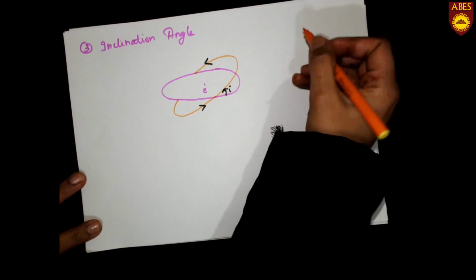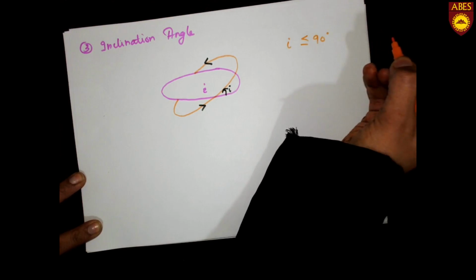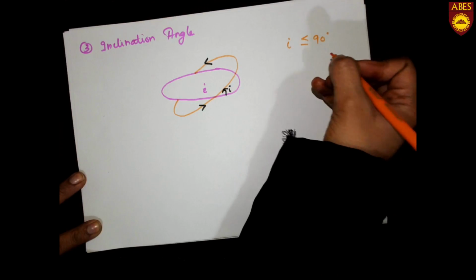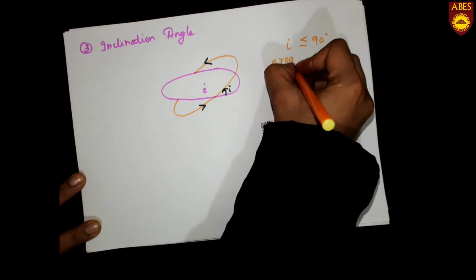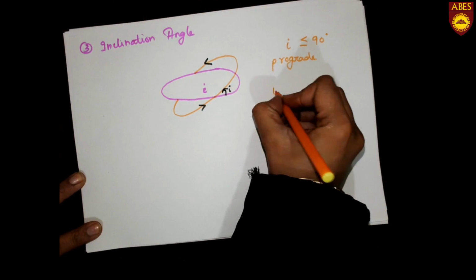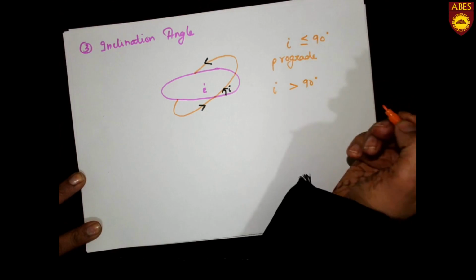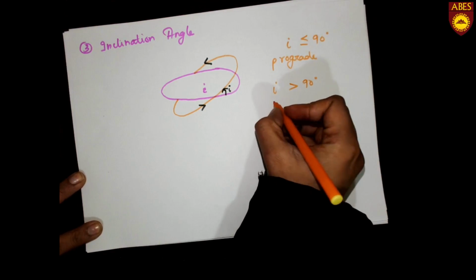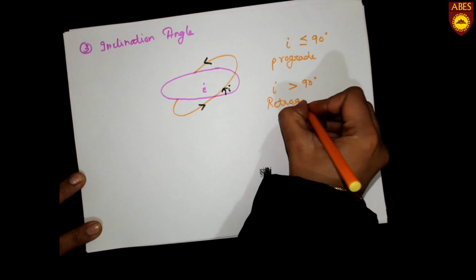If the inclination is less than or equal to 90 degrees, then the orbit has a motion called prograde motion. If the inclination angle is greater than 90 degrees, then the orbit is in retrograde motion.